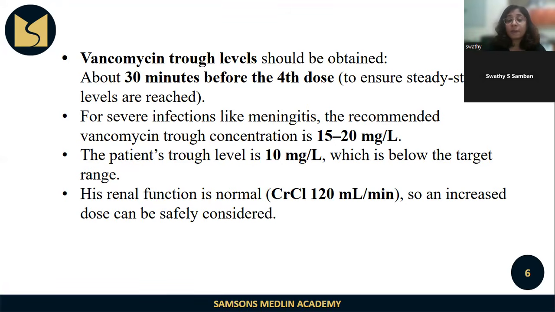So looking into the lab reports, for a serious infection the level should be between 15 to 20 mg per liter. In this case scenario, the patient's trough level is 10 mg per liter. What can we conclude from that? It is below the target range, so ideally we need to increase the dose of vancomycin. Also, one more thing was given: his renal clearance is normal.